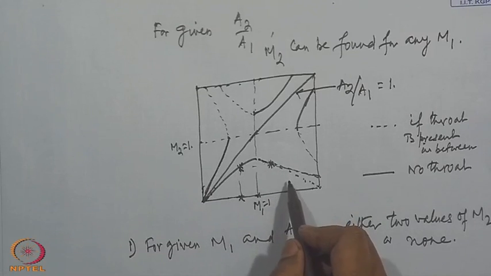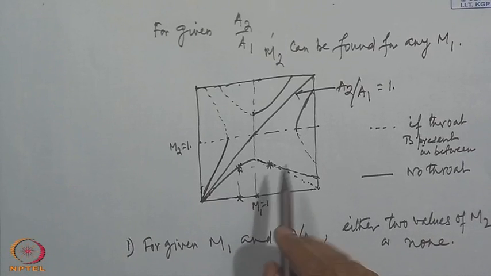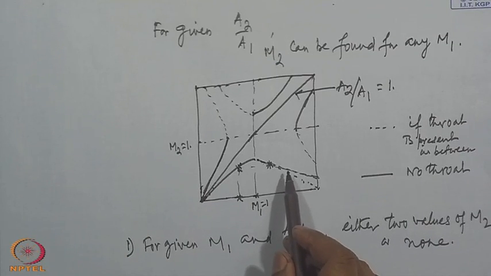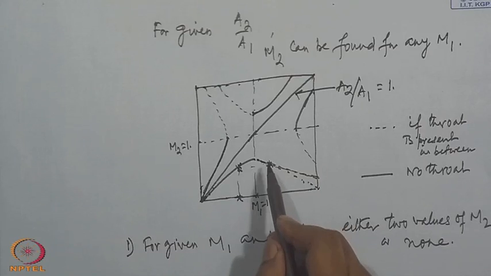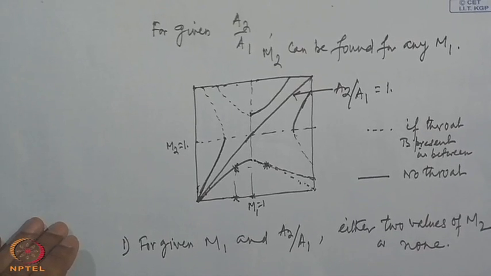But if the passage is converging and diverging and has a throat between 1 and 2, then the flow at section 2 may be supersonic, provided the pressure difference across the duct is sufficient.